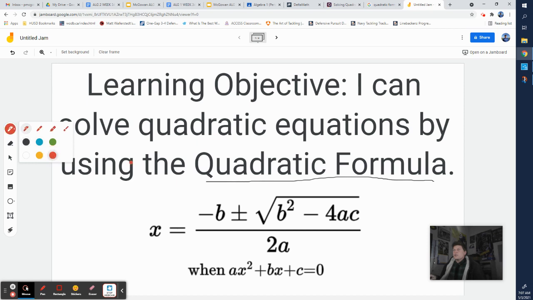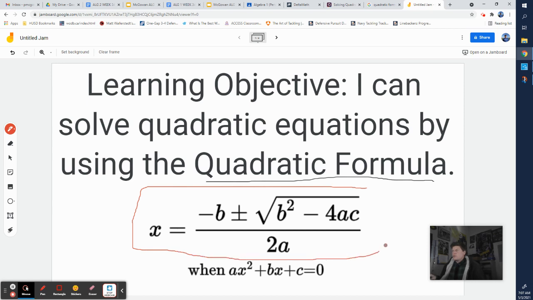Guys, this big equation here, this is our quadratic formula. Our solutions, our intercepts, our roots, our zeros, our values, x equals negative b plus or minus the square root of b squared minus 4ac, all divided by 2a, where all these values come from the coefficients in our quadratic trinomial.